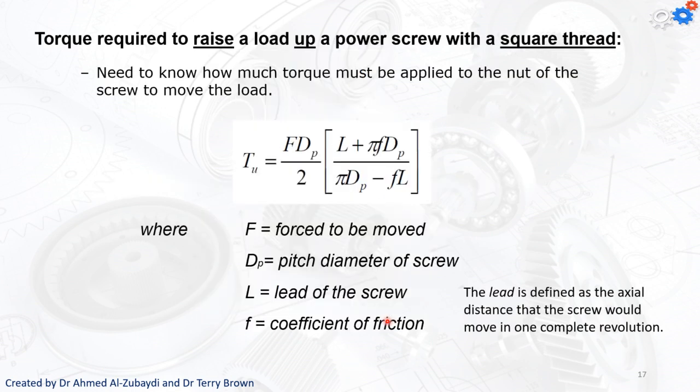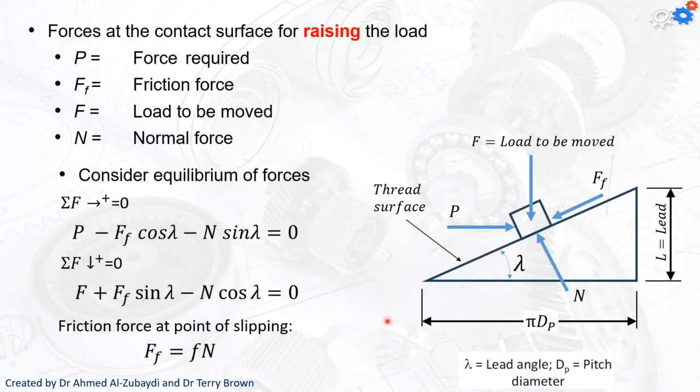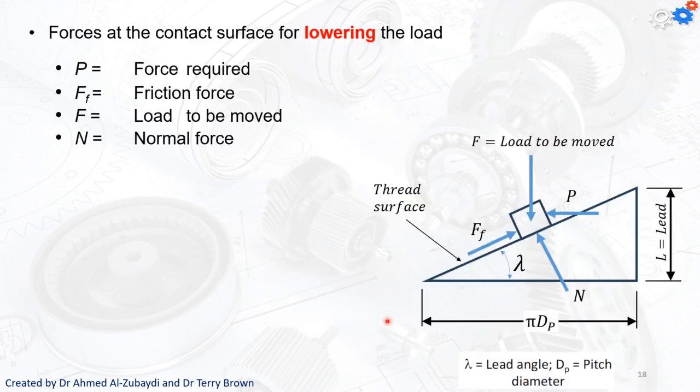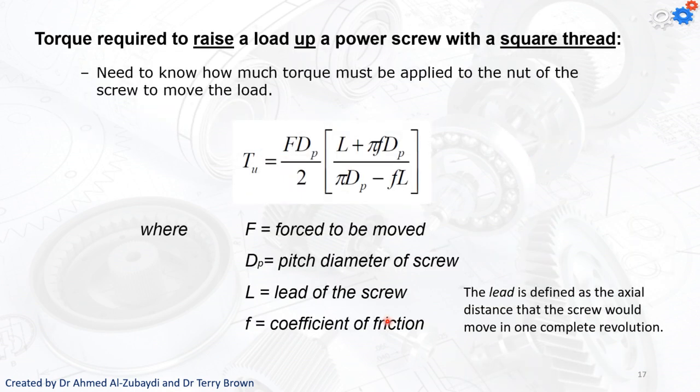Now, the torque required to raise the load up a power screw with a square thread. Remember that the previous one was the general equation. If we have a square thread, you need to know how much torque must be applied to the nut of the screw to move the load, and this will be given by this equation.